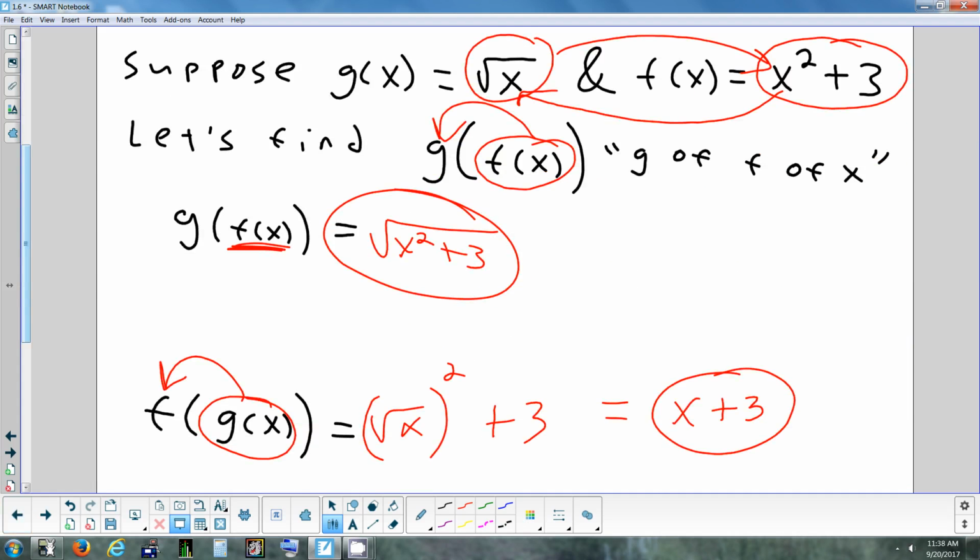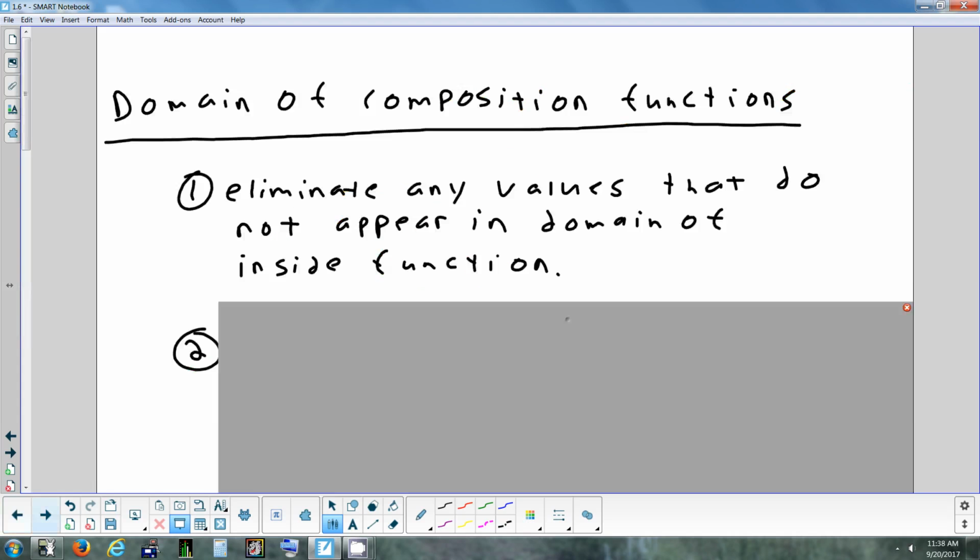That's the inside function in that problem. So look at the inside function and eliminate any values that shouldn't be in the domain of that one. So that's step 1. Eliminate any values not in the inside function.